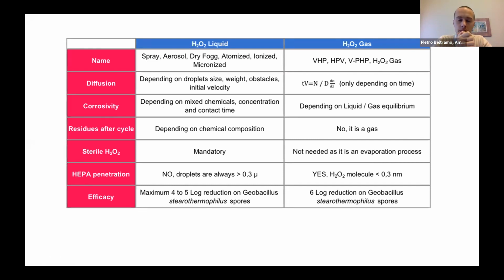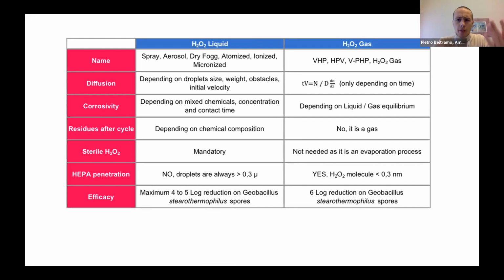Corrosivity. This is a big issue. Again, I don't want to point too much on one or the other technology. There are some facts. Most of the aerosol generators, so most of the technology which use the droplets sprayed, have a mixed compound, not only H2O2.